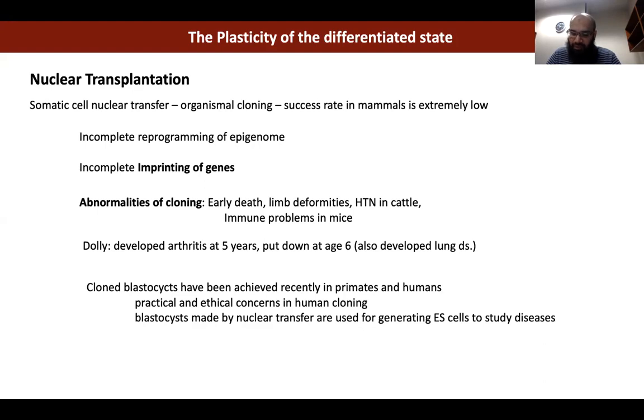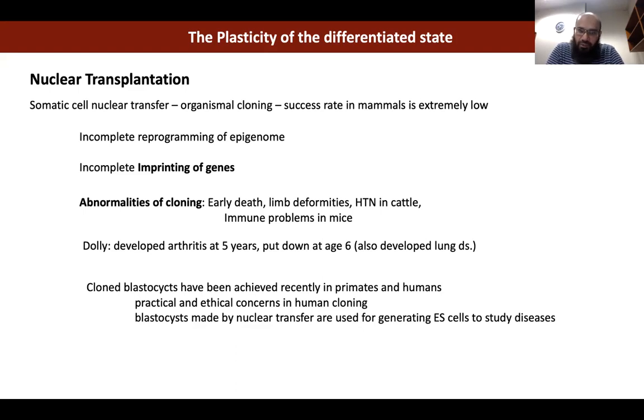But so far, the use of human blastocysts is very restricted, and I don't think that a lot of research has been going on. But the good thing is that primates are a good substitute for research in humans, and there are fewer ethical issues with animals than with humans, although there are also animal advocates who believe that killing even a mouse for cancer treatment is inhumane and should be stopped completely.